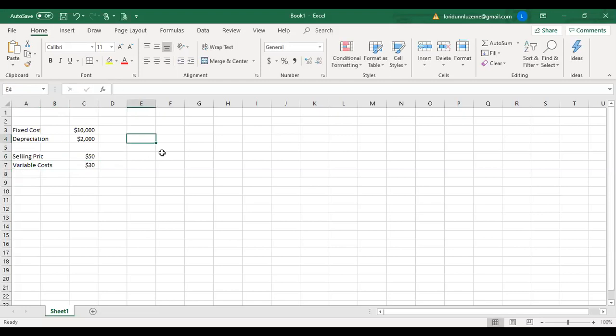So how many do we have to make in order to make a net income of 0? Just take the numbers and plop them in our formula. $10,000 in fixed costs plus $2,000 in depreciation.